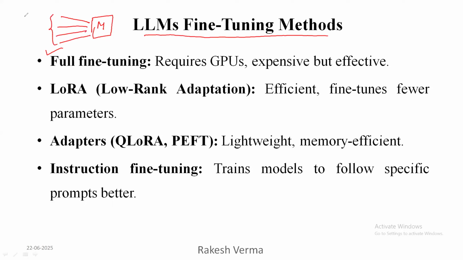When we train the complete model on all the data and update all the weights, then it is called full fine tuning. In this case we need to update all the weight information of the model and perform the training on all the data, not on specific parameters.